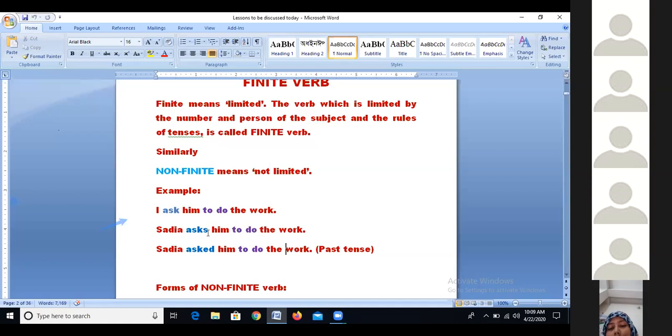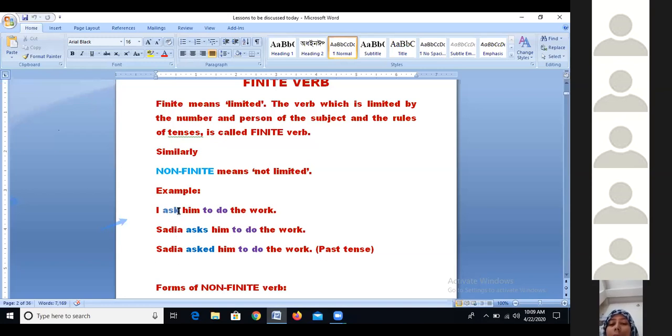I have written Sadia asks, but I do not write here does. Then I have written asked here, but I do not write here did. So ask, this verb changes on the basis of the number and person of the subject and the rules of tenses.